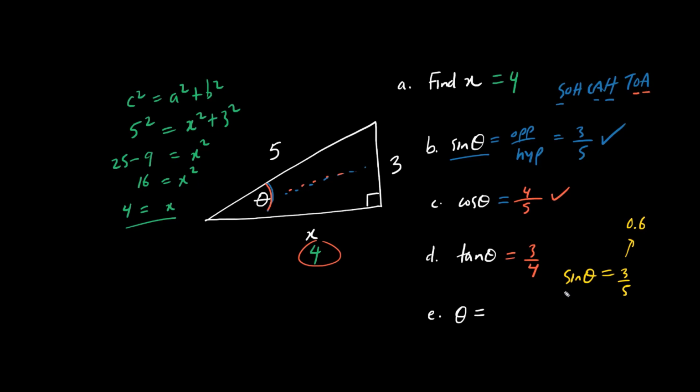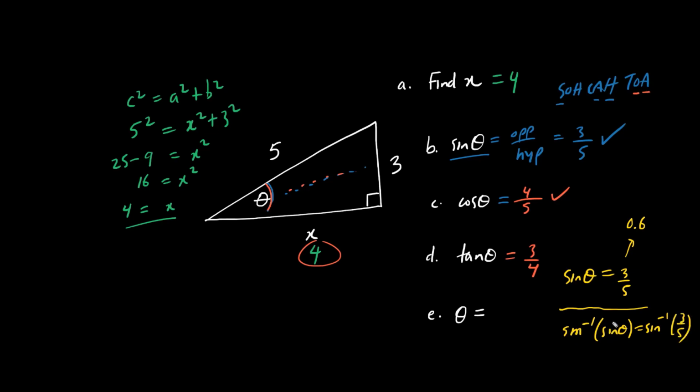Now, algebraically, you can actually find the angle by hitting the inverse button on your calculator. Algebraically, we take the trig inverse of both sides of the equal sign. So we have the sine inverse of sine theta equals the sine inverse of 3 over 5.